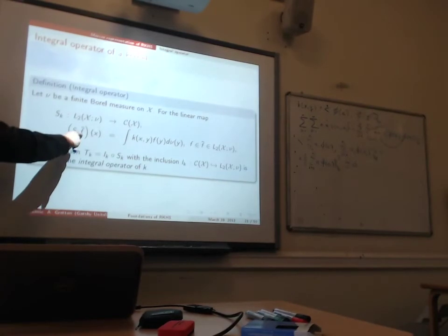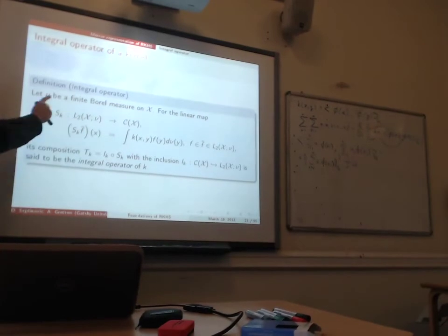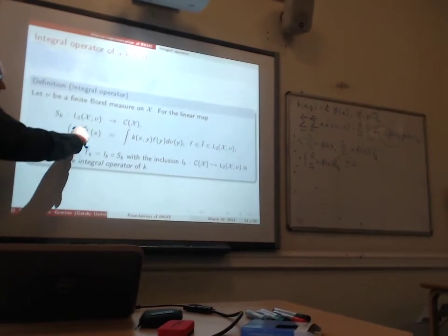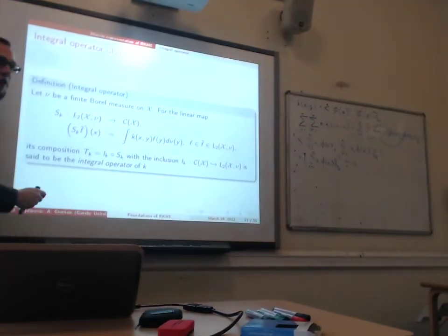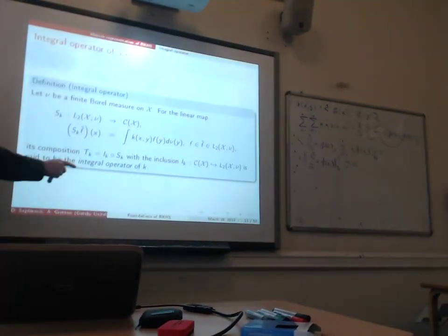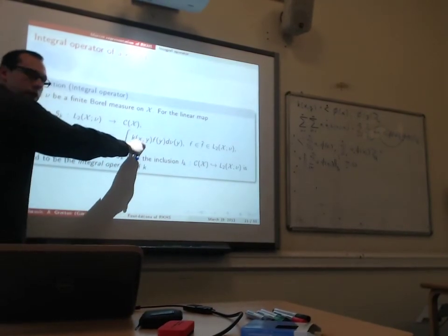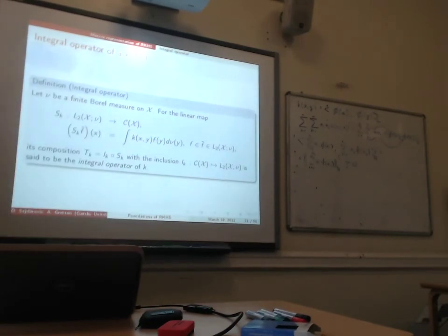To every equivalence class in L2, remember that elements of L2 are not functions, they are equivalence classes of functions. So to every equivalence class F tilde, I associate a function defined in the following way, this being a function of x. Okay? So I take the kernel k(x,y), convolve F with that kernel with respect to that measure nu, integrate y out, and I get a function of x.